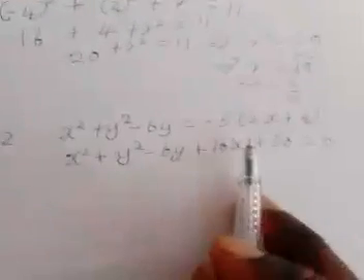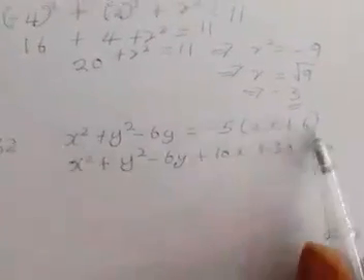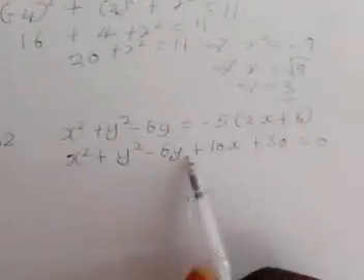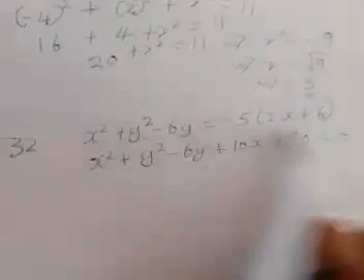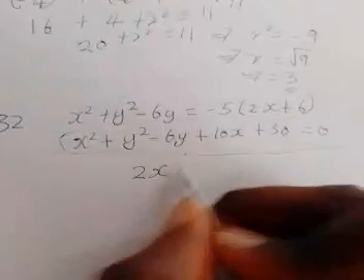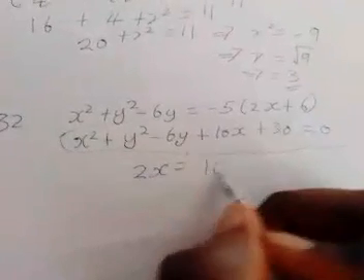So that is how I got to my standard equation. I expand this and I collect like terms and I got this. This is the standard equation of a circle. And I'm going to get my x and y values. I'm going to do 2x, and what's the coefficient of x? It is 10. Equals 10.